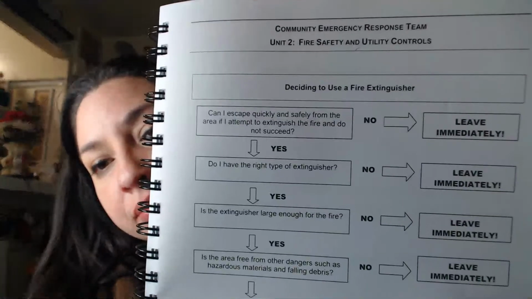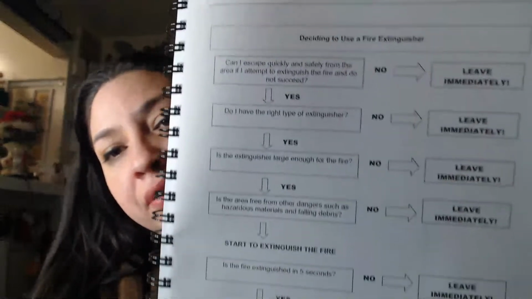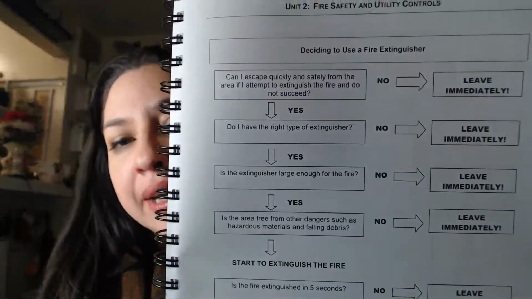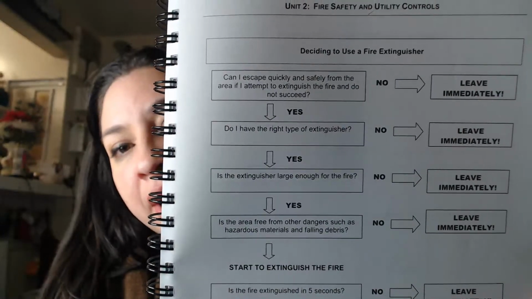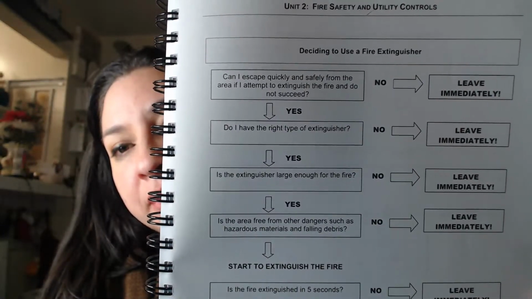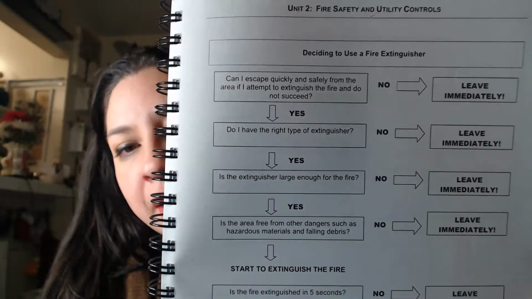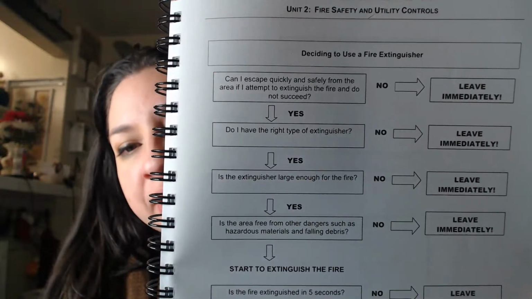Deciding to use a fire extinguisher. And here we have a chart. Can I escape quickly and safely from the area if I attempt to extinguish the fire and do not succeed? No, leave immediately. Yes. Do I have the right type of extinguisher?